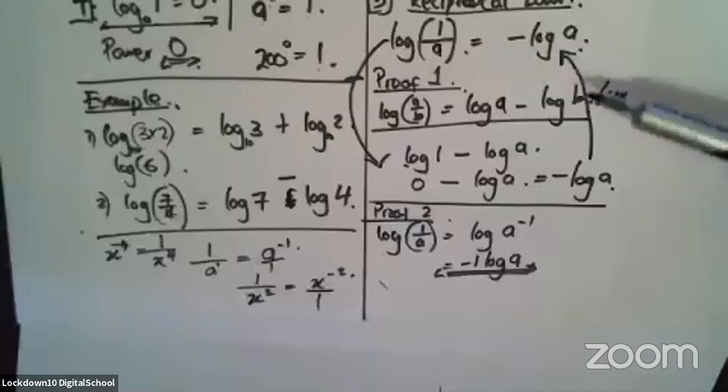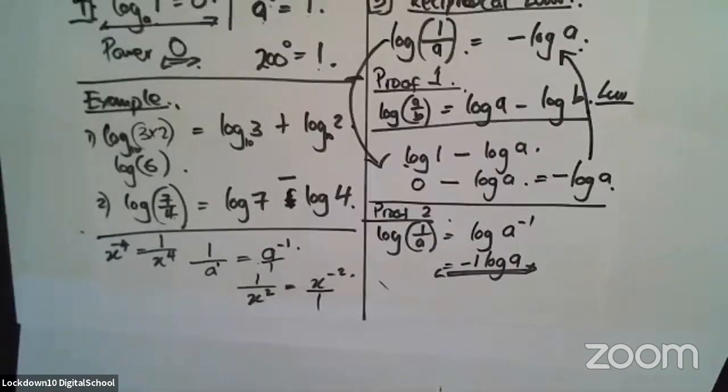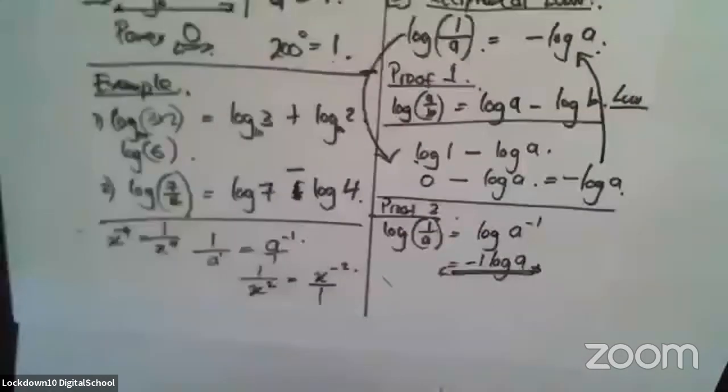Remember, a law is something that has been verified. It differs from a theory, where it might work for some and not for others. A law is clearly defined and follows a particular rule. So that is the fifth law of logarithms.